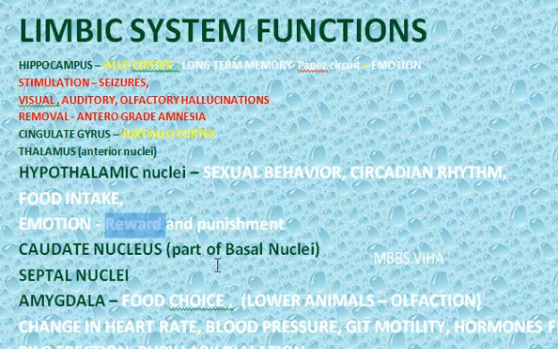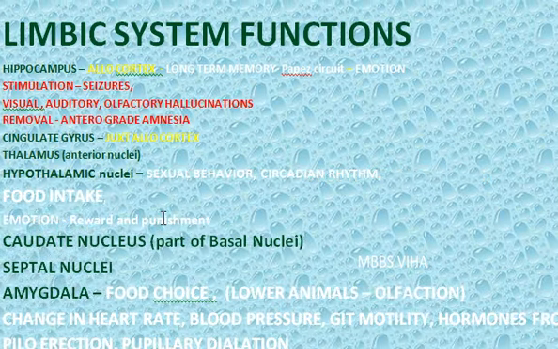Reward was the ventromedial part of the hypothalamus and the punishment was the lateral posterior part of the hypothalamus. Food intake and satiety are because of the hypothalamus. Don't forget these words, you have to write them in the exam. Satiety center. Where is it? Hypothalamus.